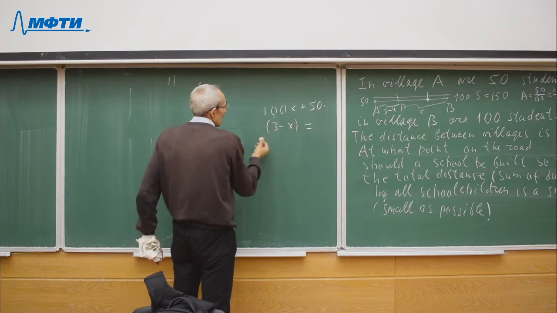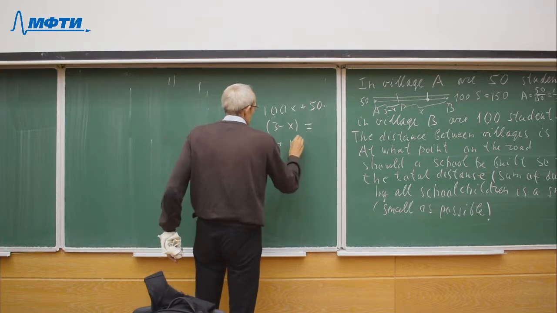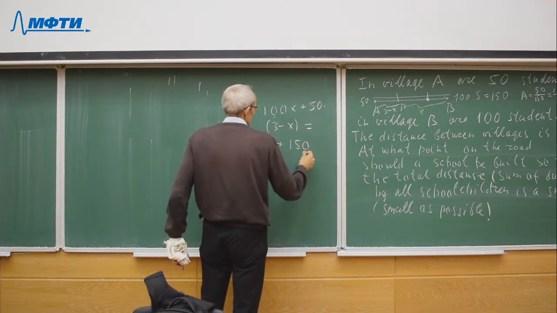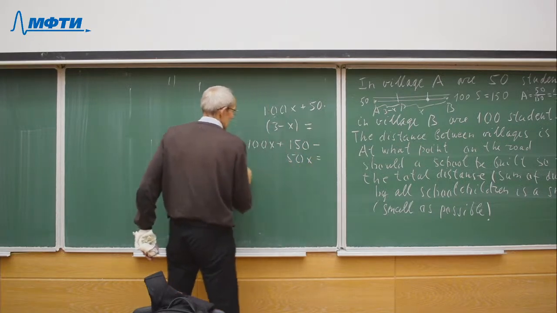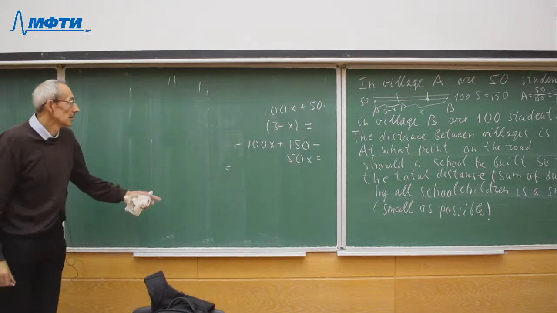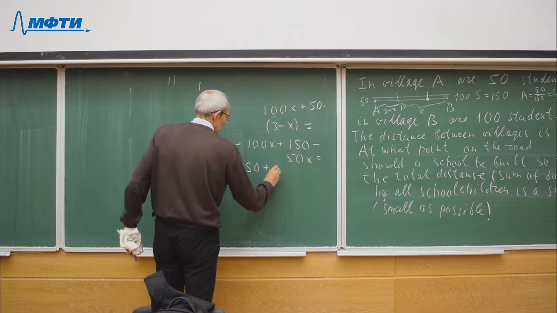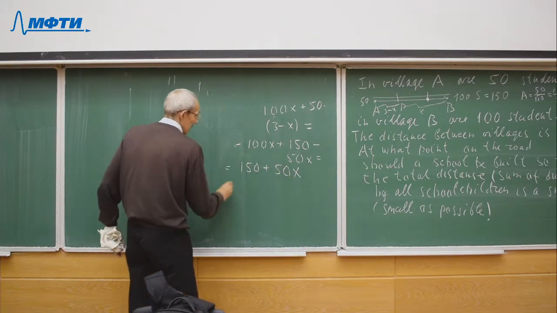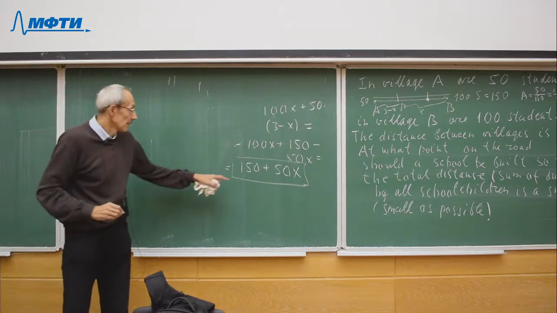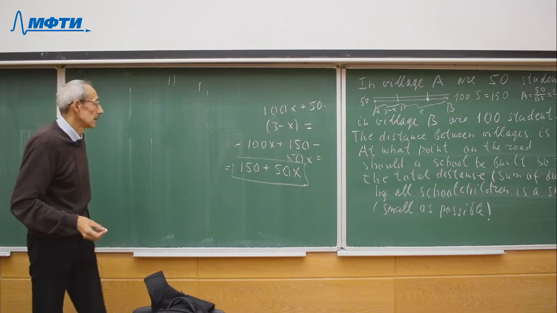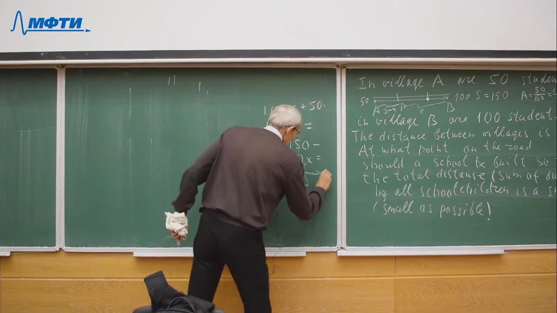The sum we obtain is 100x plus 150 minus 50x, and the answer is what x we can choose so that this sum is minimal.